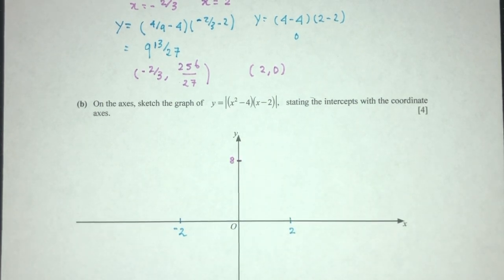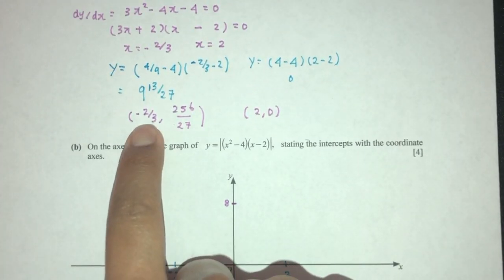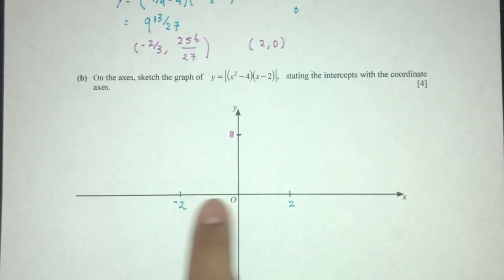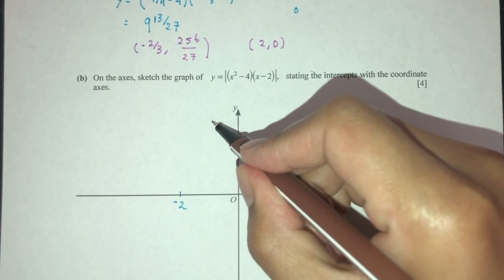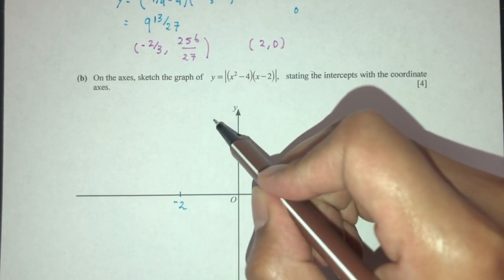Now we have to try our best to sketch this graph. Here you can see we have minus 2 over 3 somewhere over here, and the graph will be on top here, something like this. 9, 13 over 27 should be somewhere over here, for example.